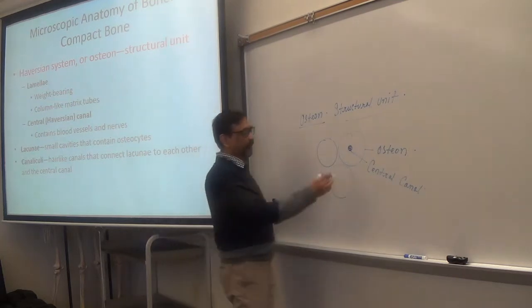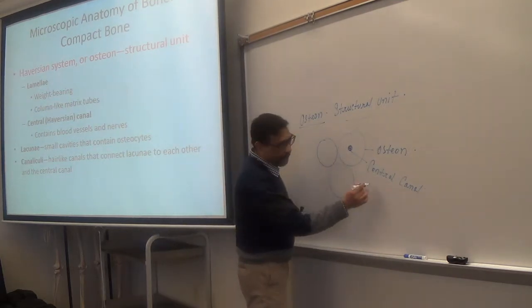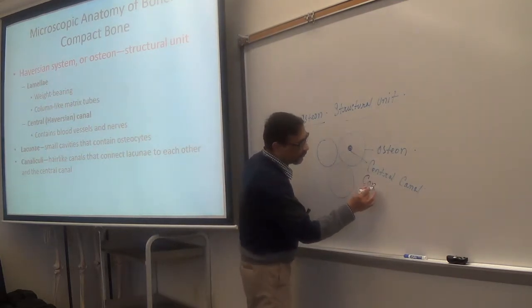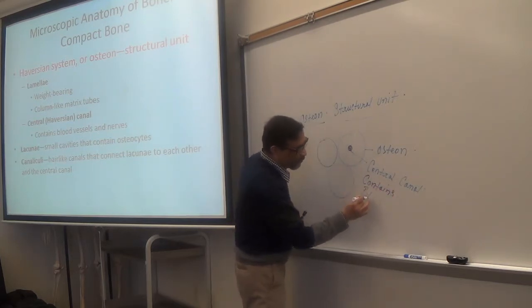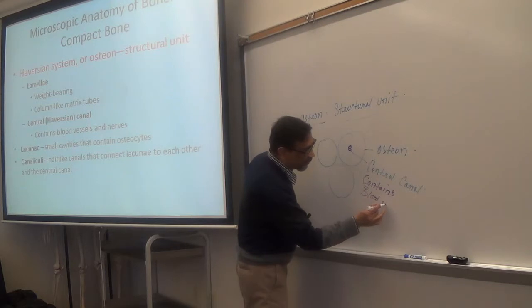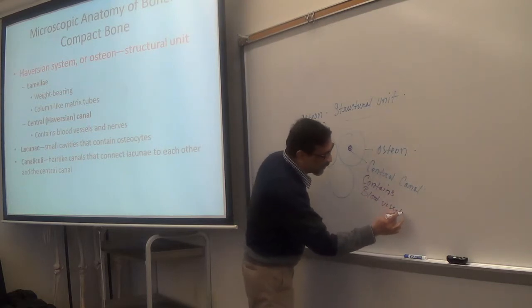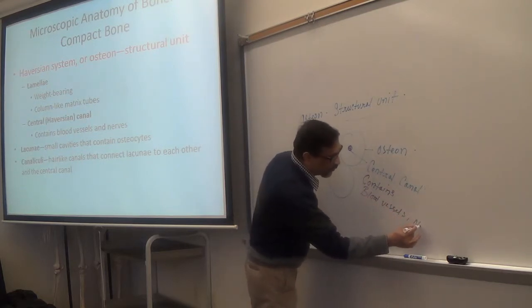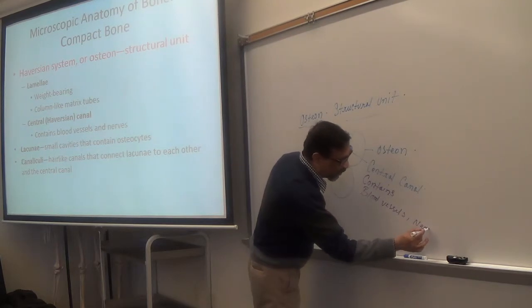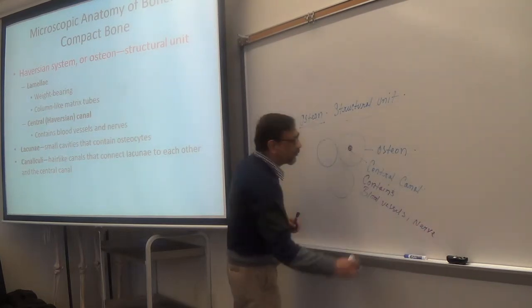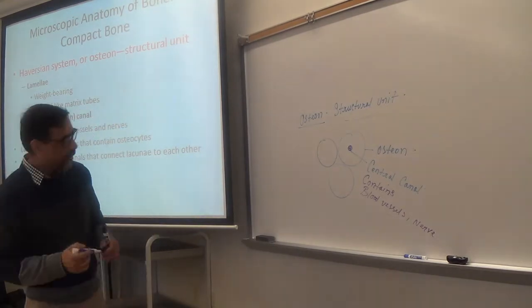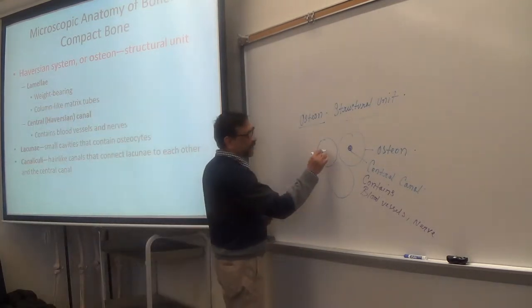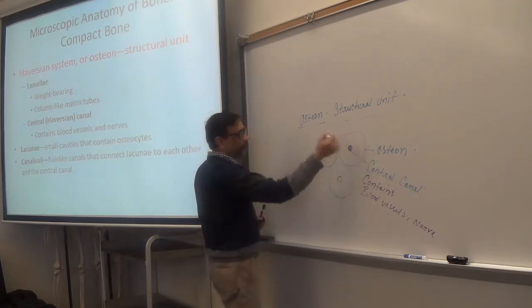So the central canal contains what? Blood vessels and nerves. Artery, vein, those are blood vessels, and nerves. Each osteon has that. I'm showing one.